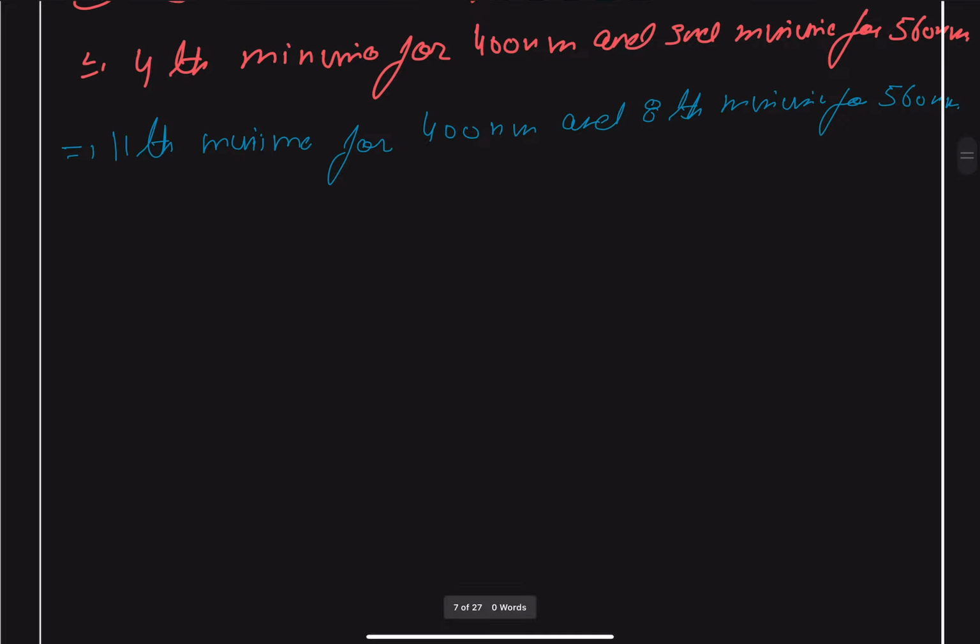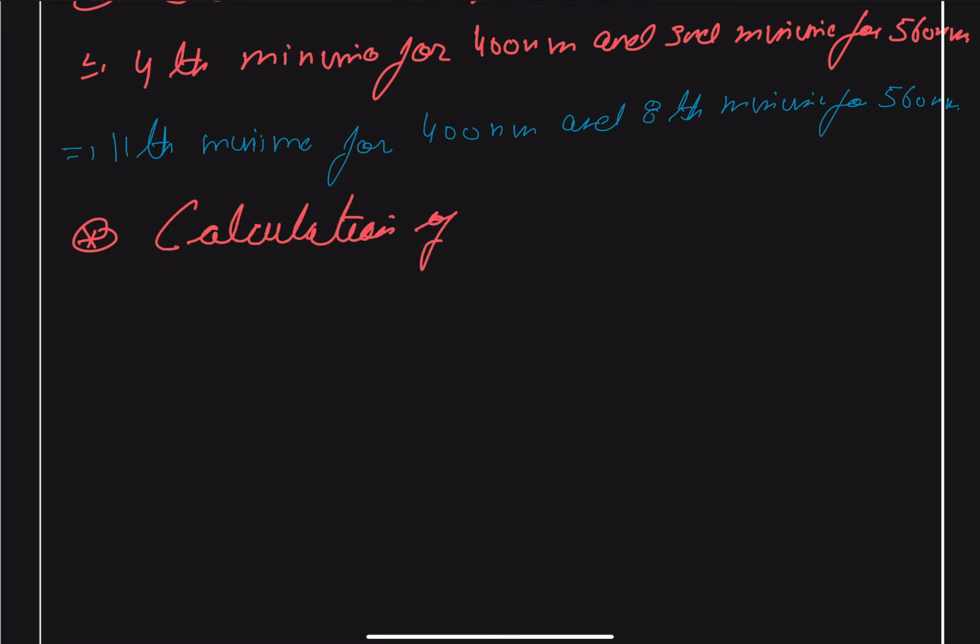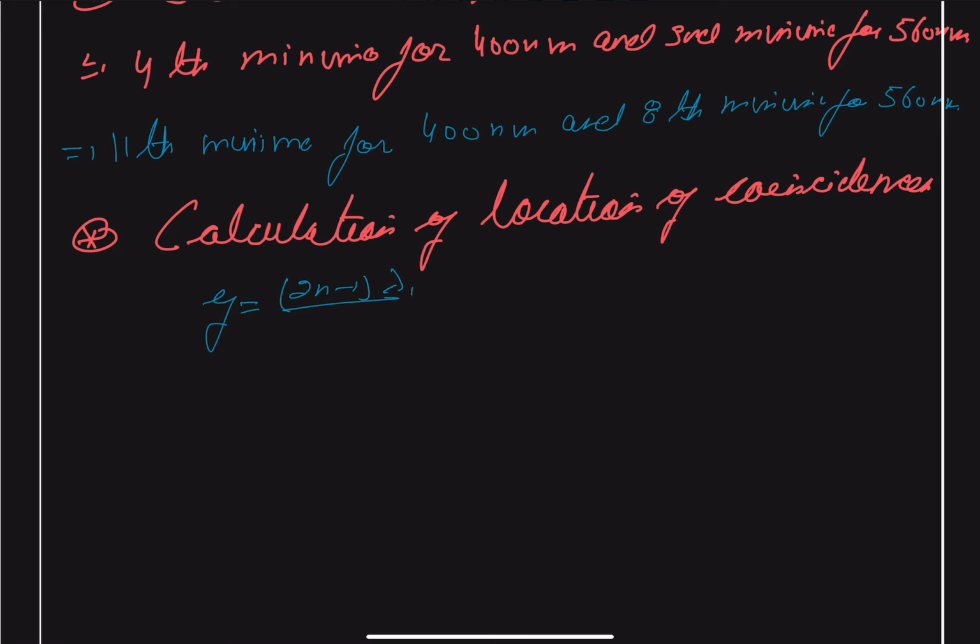So next comes the calculation of the location of coincidences, that is the value of y. We use the standard formula, y is equal to (2n minus 1) lambda 1 D divided by 2d.